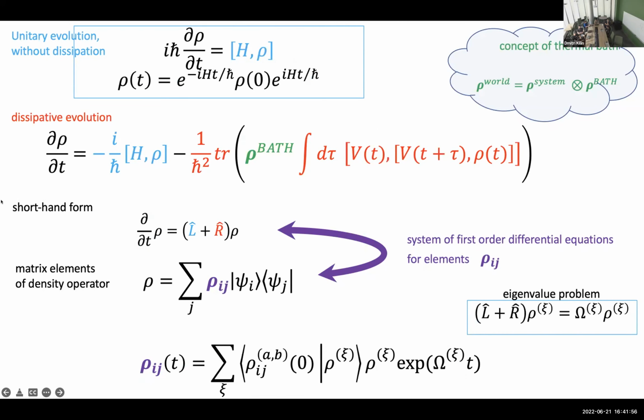And if we recognize that our system of interest is not isolated, not alone in the world, if it interacts with a thermostat, with a bath, then the equation of motion for the density matrix is not restricted to the blue term. It has an additional term which depends on the density matrix of the bath, which is green here, and the interaction between system and bath in second order, shown as V here.